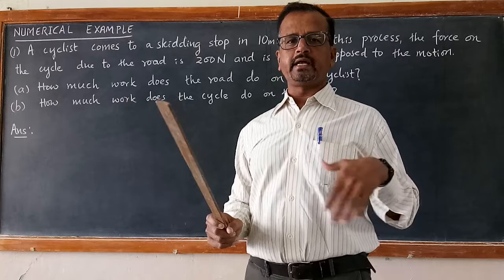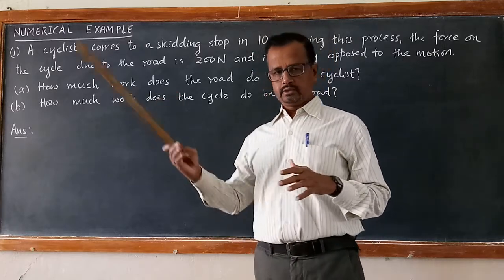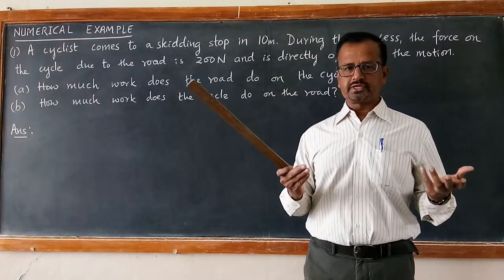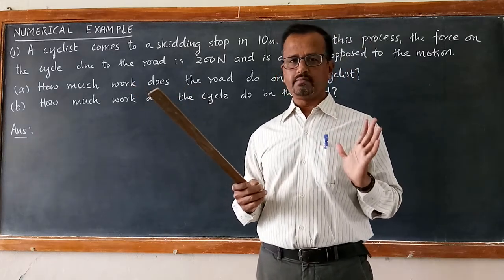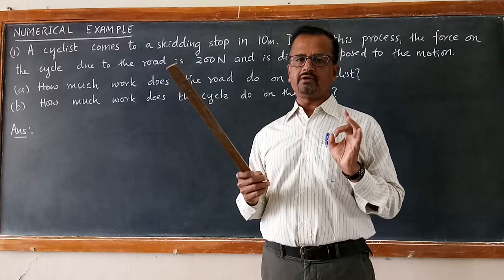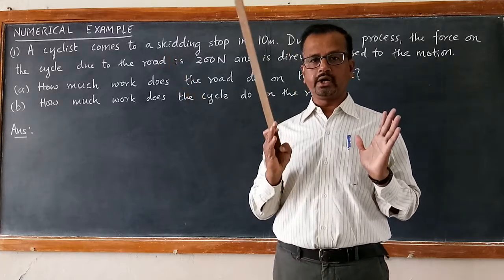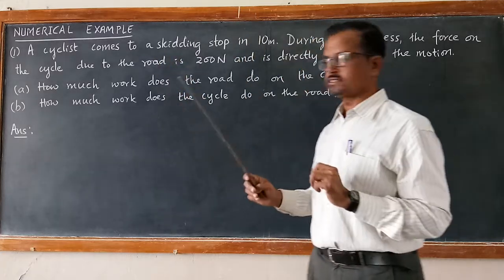Force on the cycle tire due to the road is nothing but frictional force and it is directly opposing the motion. So the force of friction is 200 Newton. That's how you have to understand.